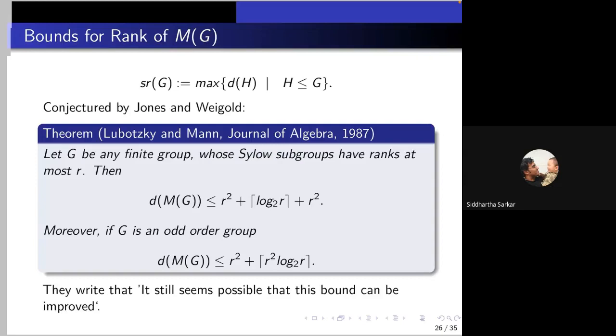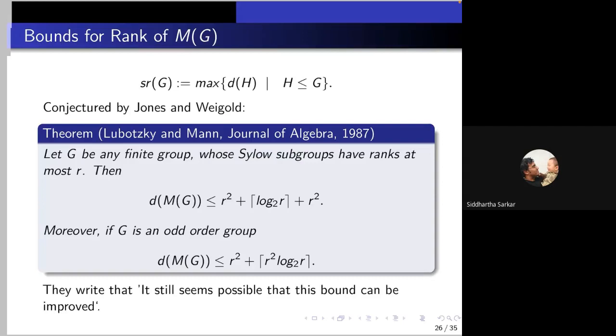This was confirmed by Lubotzky and Mann, who proved that if G is any finite group whose Sylow subgroups have ranks at most r, then d(M(G)) is at most r squared plus the ceiling of log r to the base 2, plus r squared. Moreover, if G is an odd group, this can be further improved: d(M(G)) is less than or equal to r squared plus the ceiling of r squared log r to the base 2.